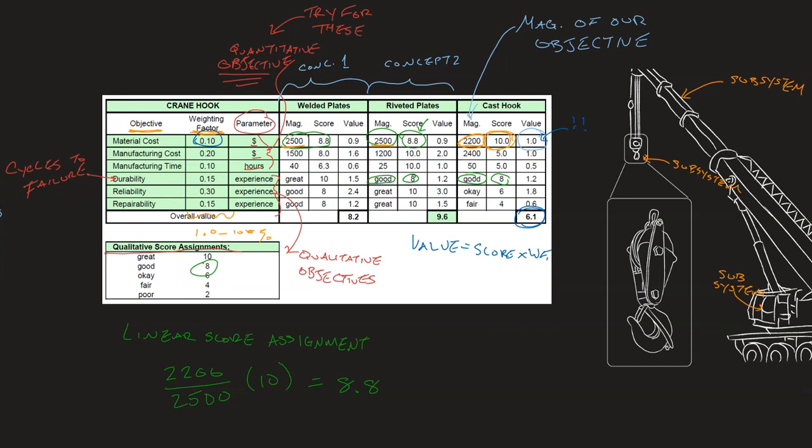And so what we have here, we have our 3 different scores in our decision matrix. We have a 6.1, an 8.2, and a 9.6. We have highlighted the cell with my highest value, so I know that I am going with a riveted plate design for my crane hook on my total crane system.